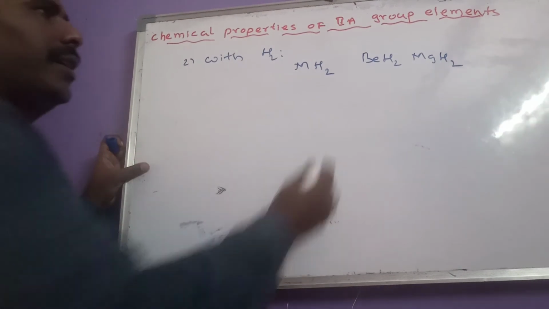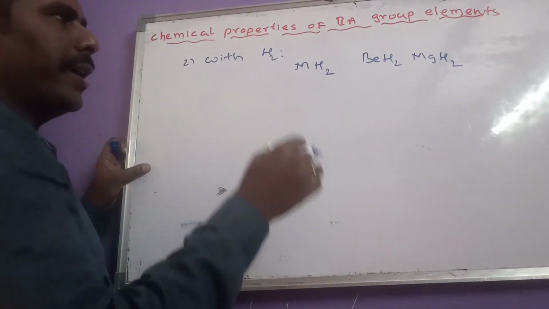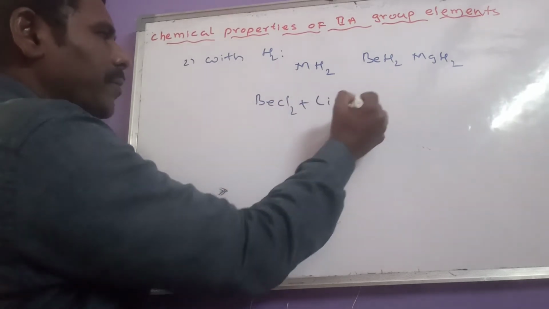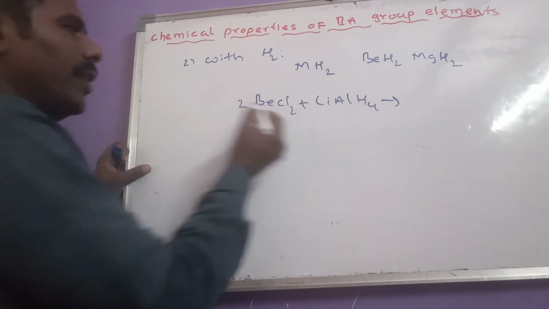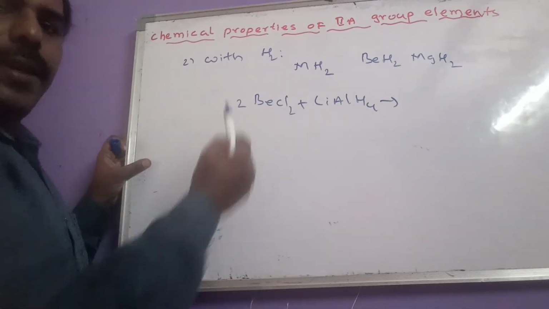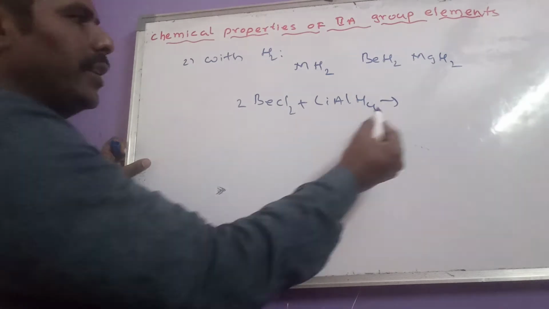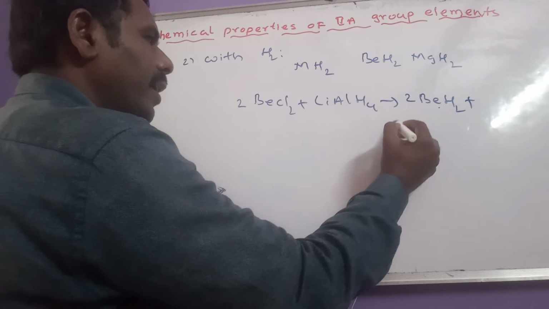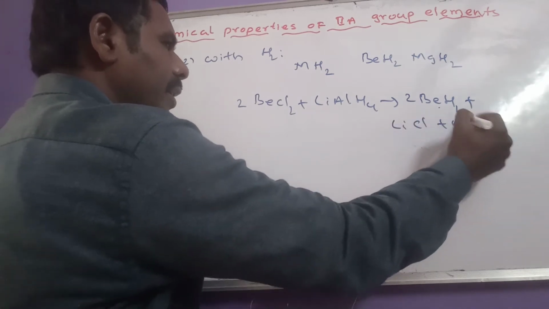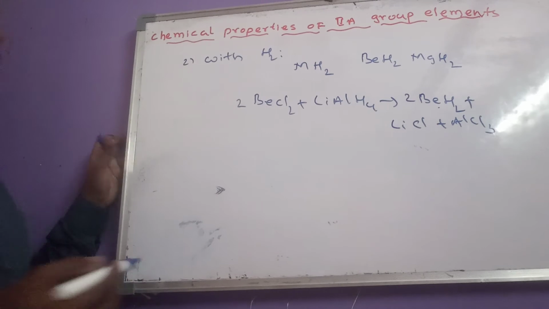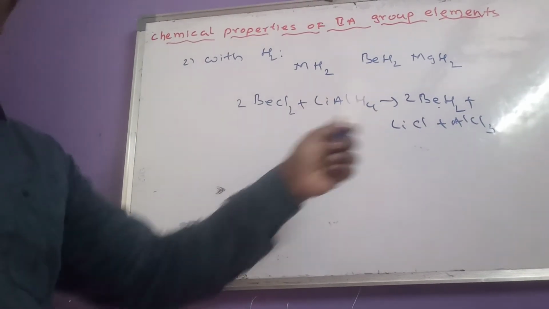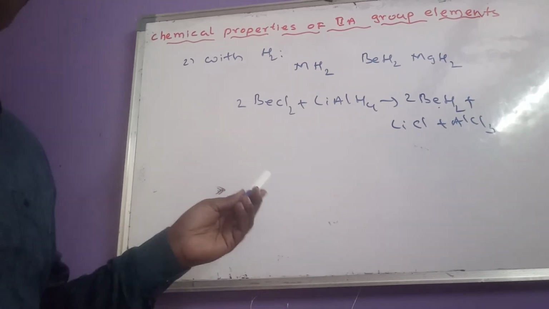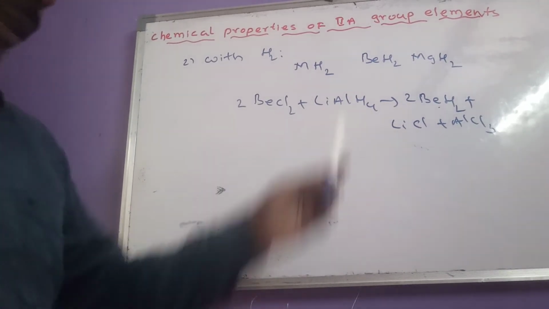These two hydrides are prepared by the reduction of their halides with lithium aluminum hydride. Let us consider beryllium chloride reduced with lithium aluminum hydride, we get beryllium hydride, lithium chloride, and aluminum chloride, AlCl3.